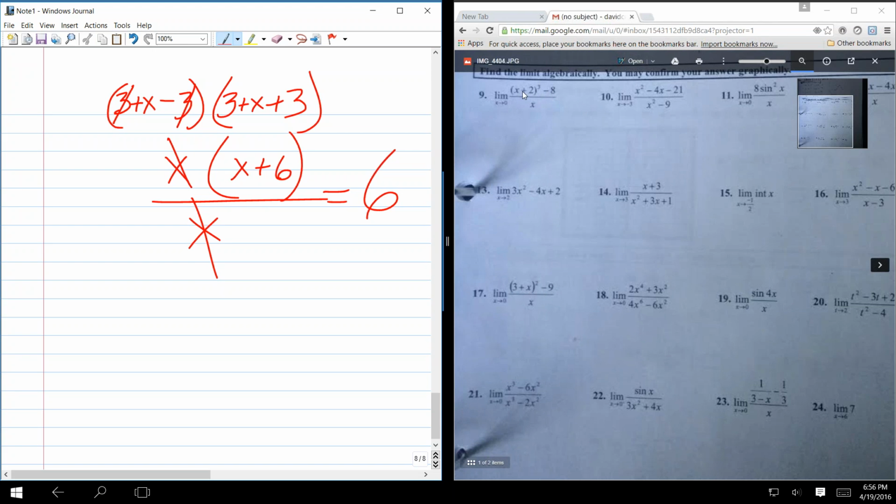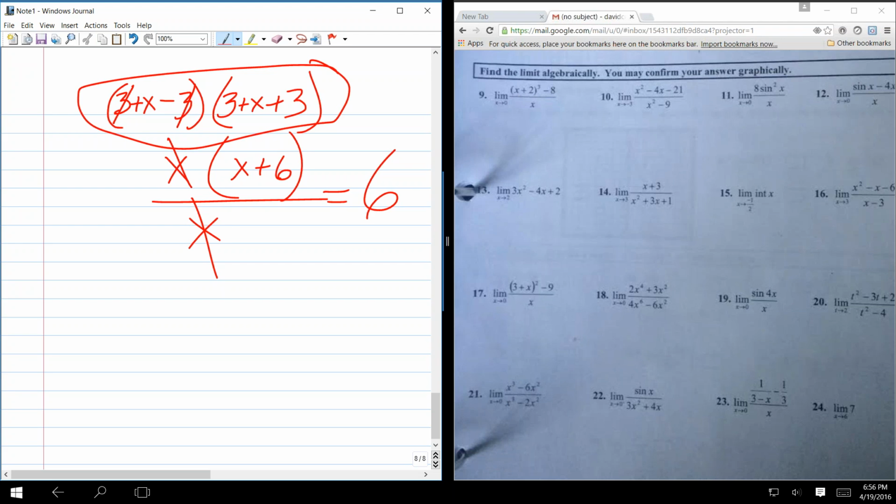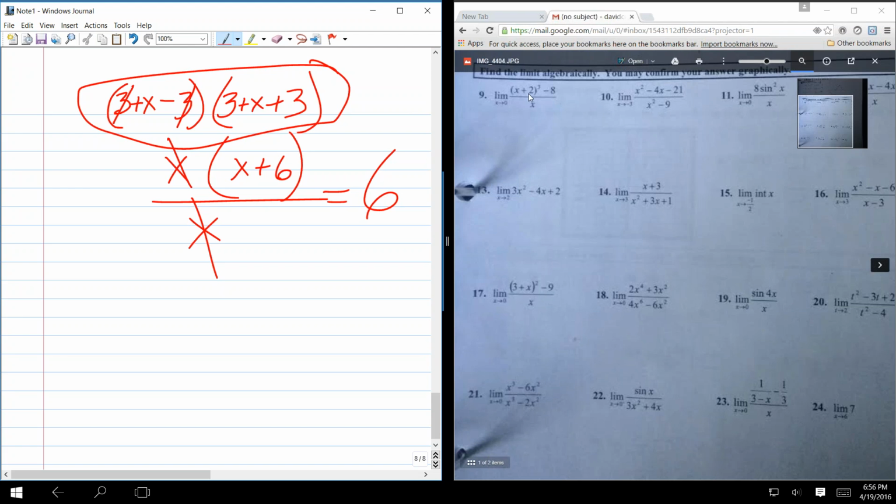Because a cubed, a would be x plus 2, and b would be 2. So it is difference of perfect cubes, and I could have factored it similar to this. I was going to mention that, but I'm not sure that it's actually any easier. But it is nice to observe that you could use difference of perfect cubes up there or difference of squares on 17.